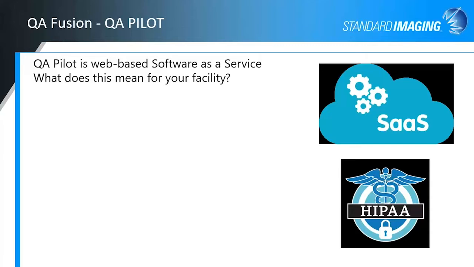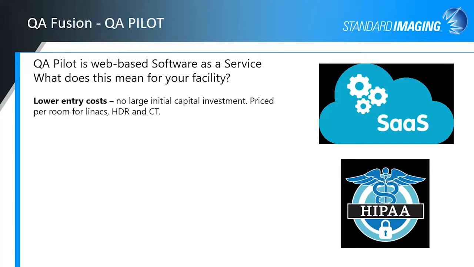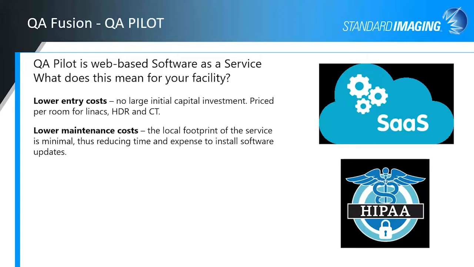So as I mentioned very briefly, QA Pilot is a web-based software as a service. And what does that really mean for you guys? It means that you do have lower entry costs. There's no large capital investment for a software product. It is priced per room or LINAC, HDR, CT. We have lower maintenance costs, again, because we have a local footprint, the service is minimal.